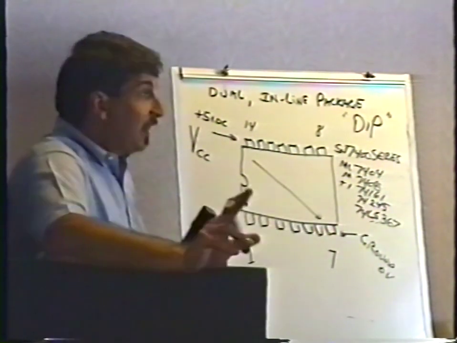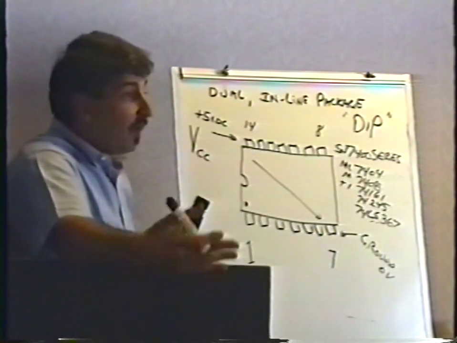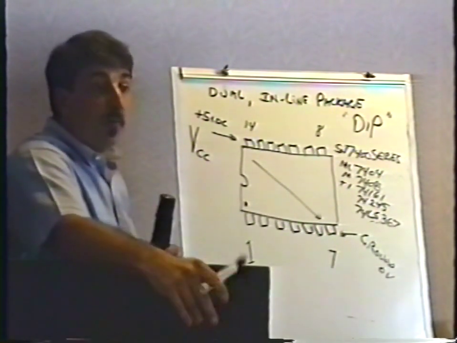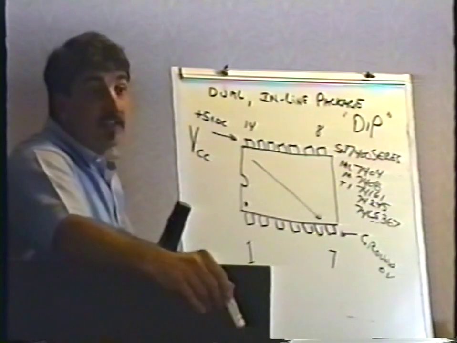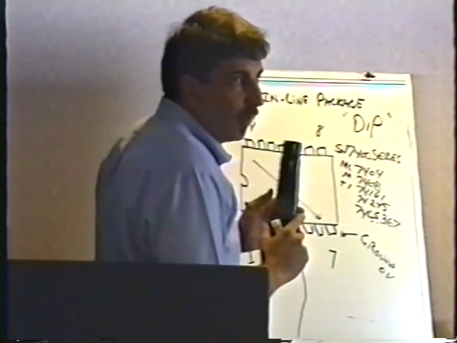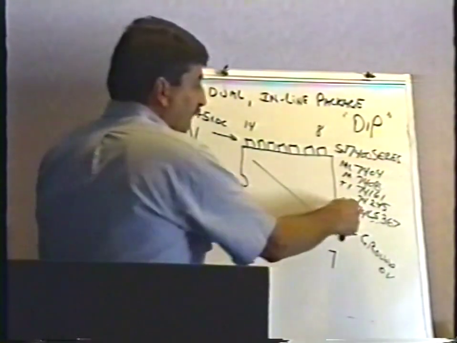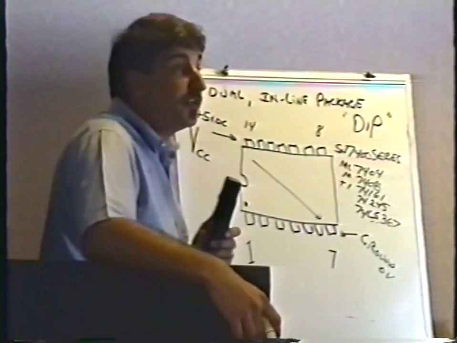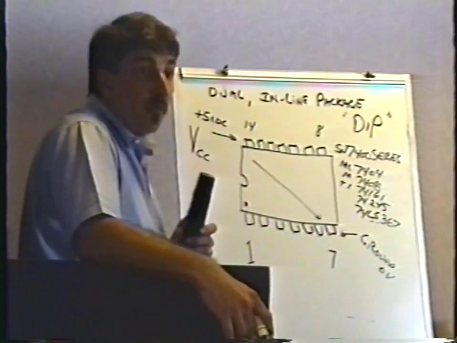Whenever you see a prefix on an integrated circuit, you can ignore that. It has nothing to do with the part number. That will change depending on who makes the chip, whether it's made by Texas Instruments or Signetics or Motorola or anybody. What we're looking for is the first 2 numbers. And if it's a 7400 series, those are the ones I'm looking for.